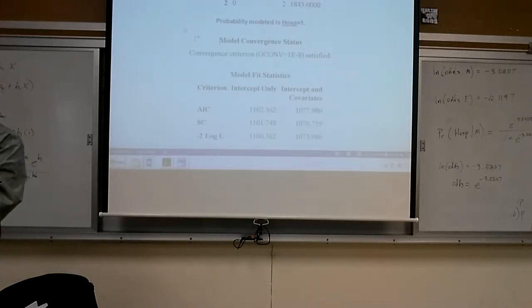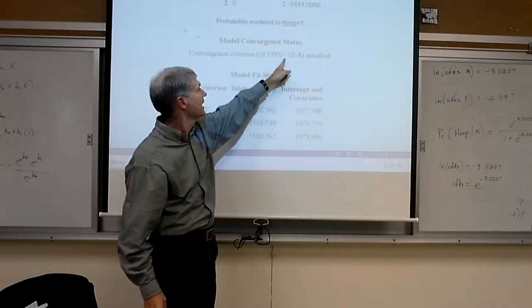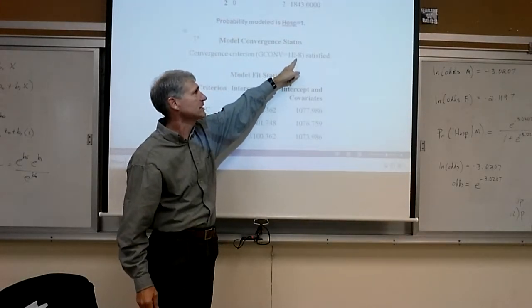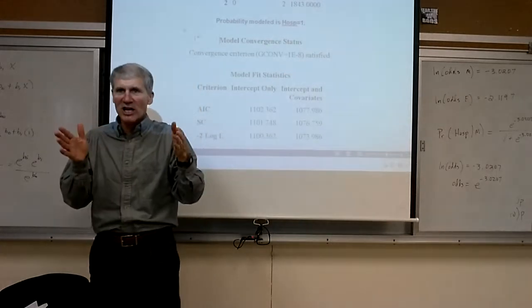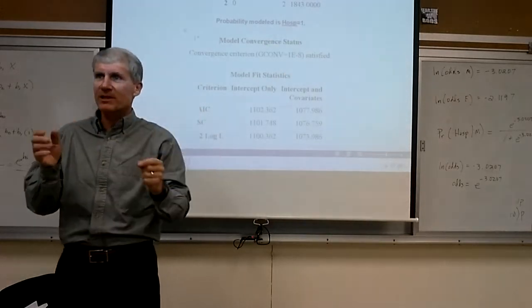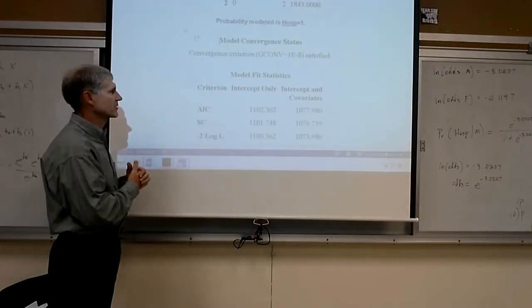It says, well, let's try these estimators first. Okay, now let's tweak them a little bit, make it better and better, and finally it will converge and it stops getting better. So this is saying it converged, and the criterion was 1 times 10 to the negative 8. So it didn't change by more than that amount from one step to the next. It says, okay, I'm done. So it's just a numerical algorithm.